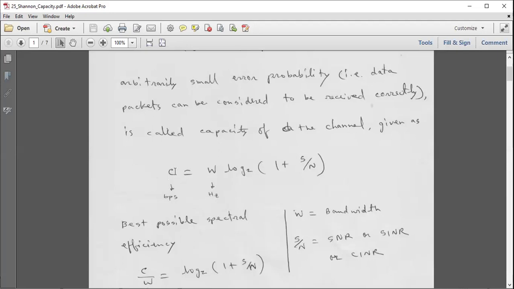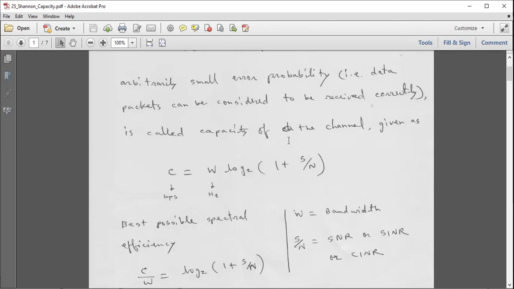Secondly, people don't operate with this arbitrarily small error probability. Practically, that's not the case. Rather, people allow their communication system to have error probability to some extent.